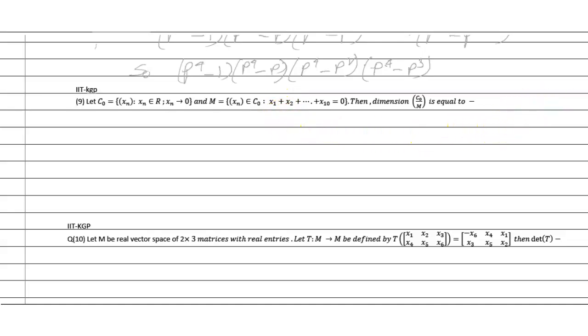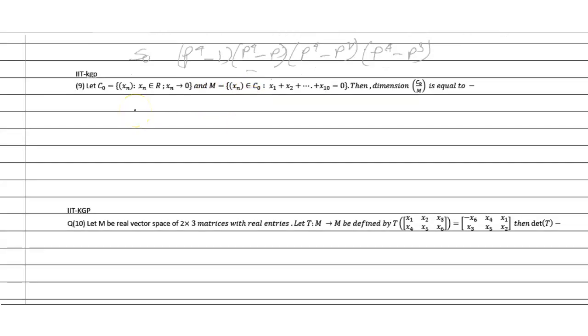This question is very interesting. The next problem is very interesting. This problem is coming from IIT KGP, meaning IIT Kharagpur. That problem is C0 is equal to the set of xn such that xn belongs to R, and xn tends to 0.